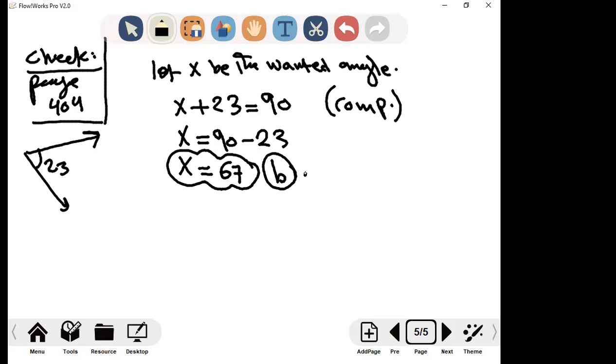This is the check at the top of page 404. Then after the check we have layer.